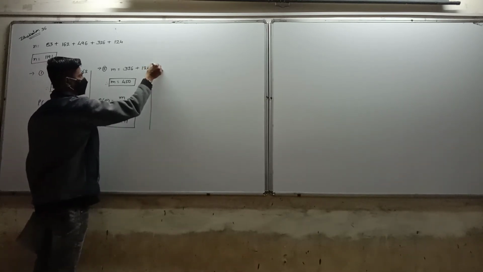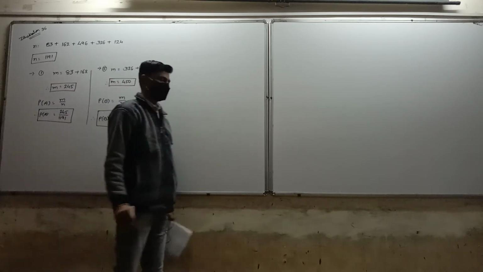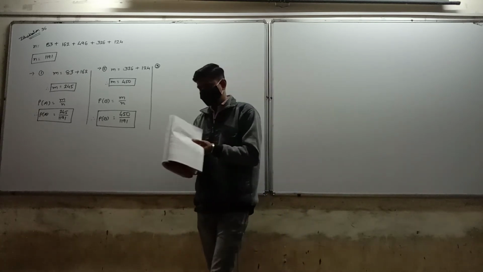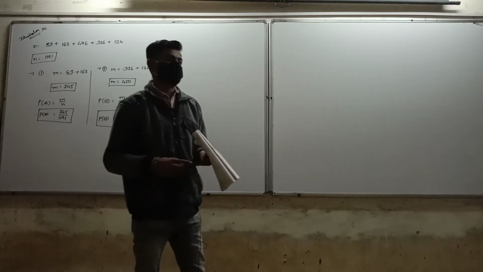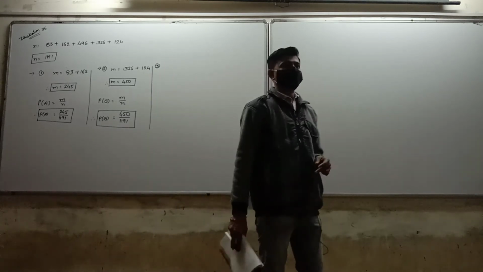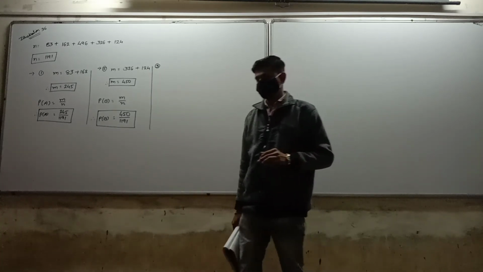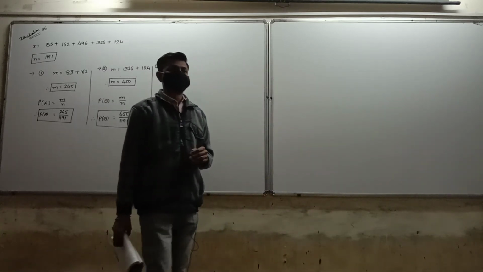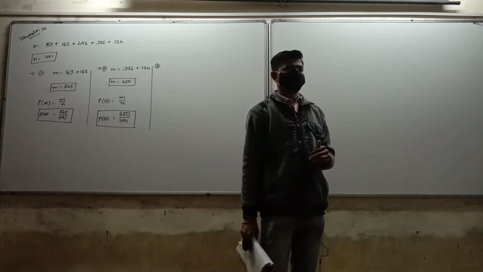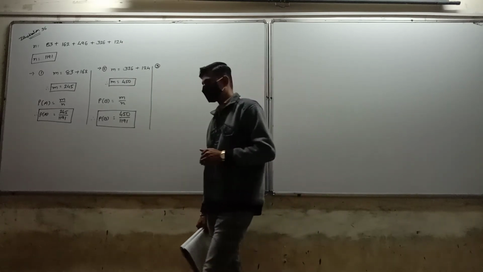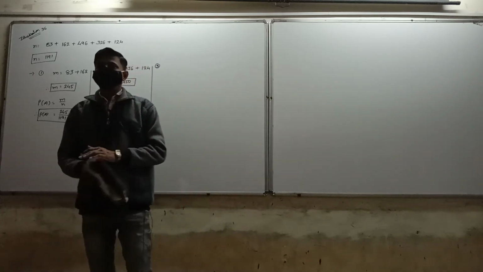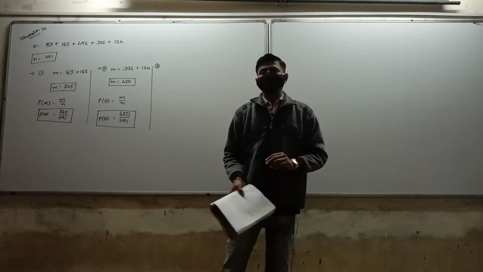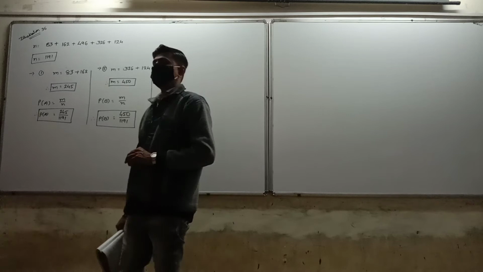And last question number 3. Marks between 21 to 60. Write down it. Consider event C. Event C is equal to selected candidate has scored between 21 to 60 marks.